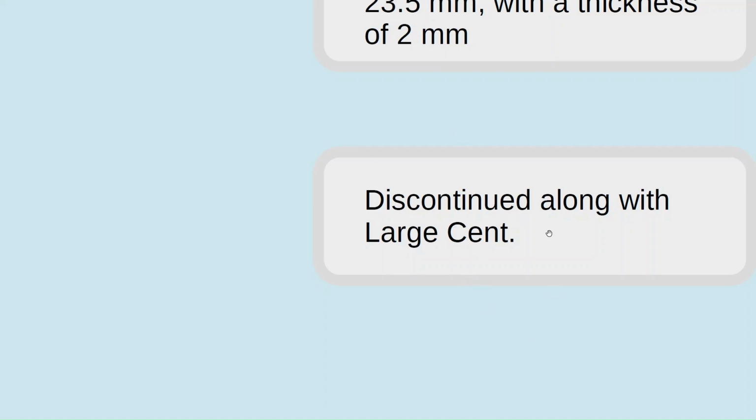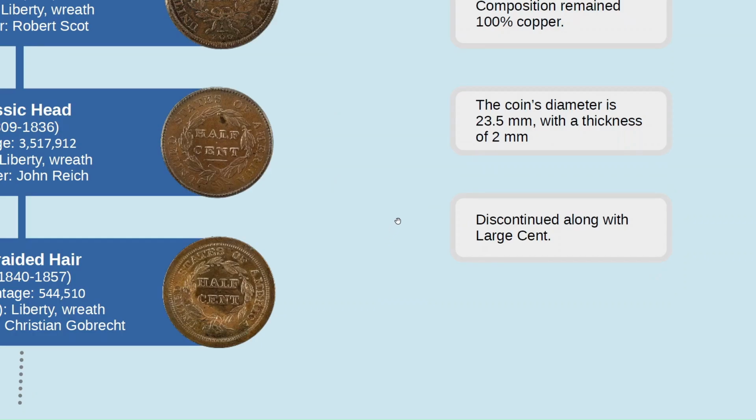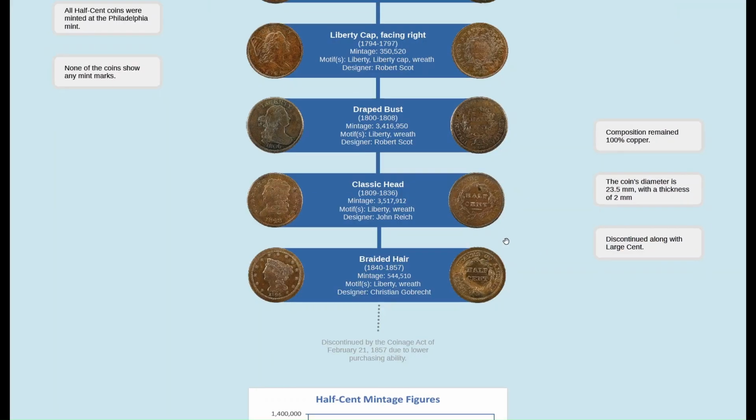But they used up too much copper for the face value that they represented. So just like with the half cent, the large 1 cent was also discontinued for this reason, because it was using up too much copper, and copper was getting expensive. Now, of course, we still do get other types of cent coins, but those are for a different video and a different chart.